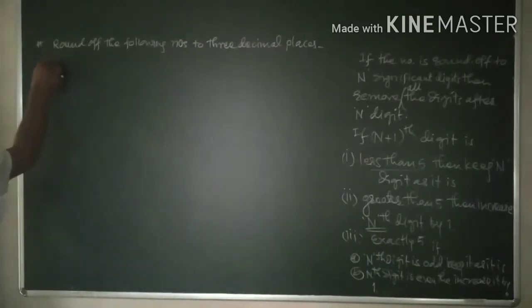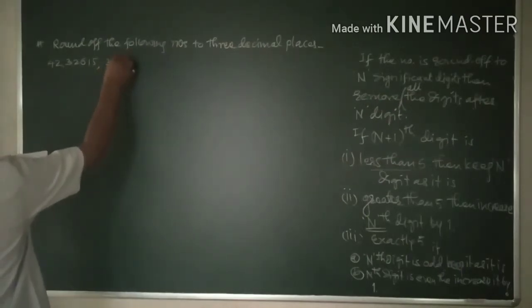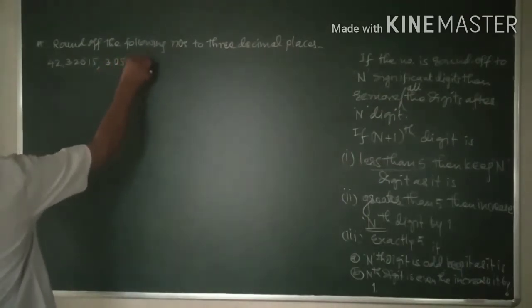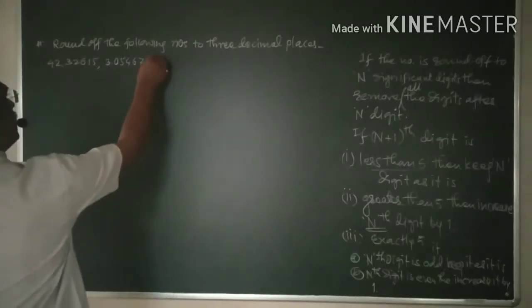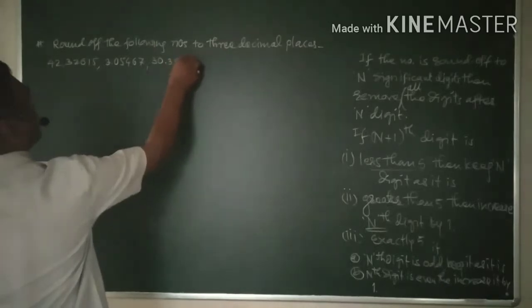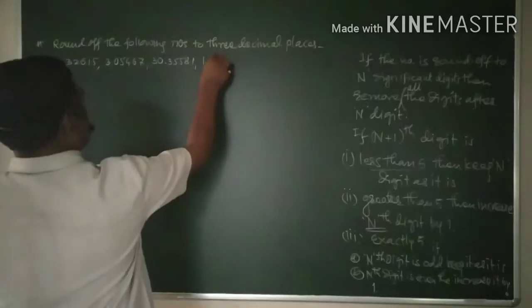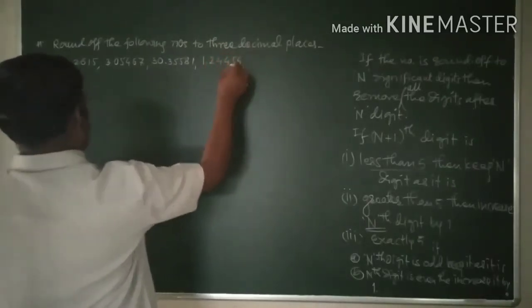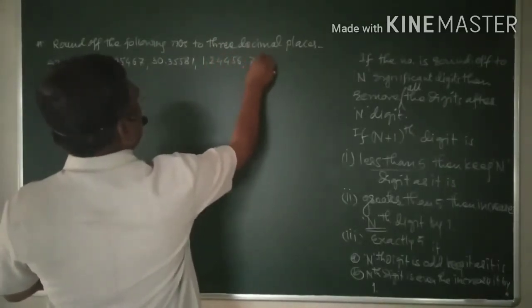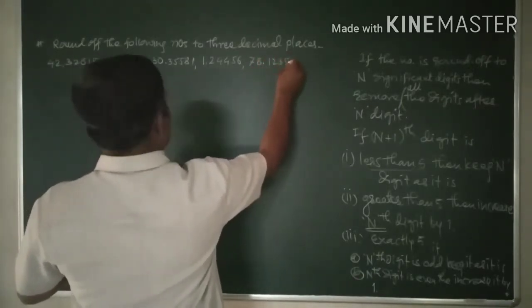The numbers are 42.32615, then 3.05467, 30.35581, 1.24456, and 78.12350.